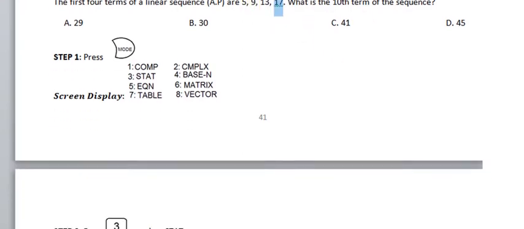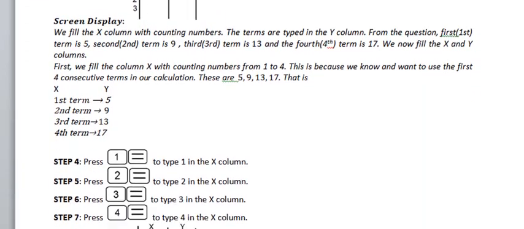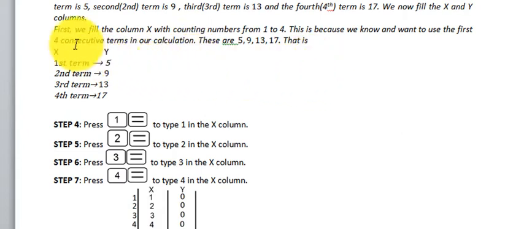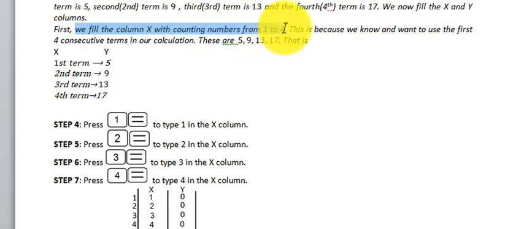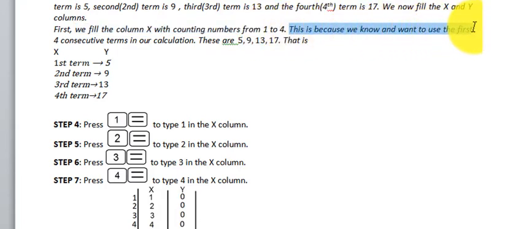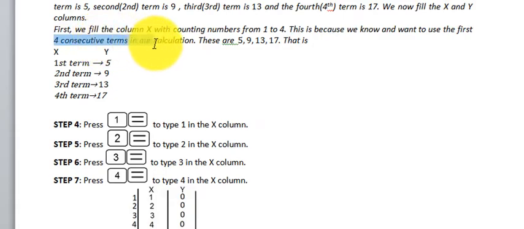Okay, let's go on to the next step. Now, what we have to realize is that we are going to first fill the column X with counting numbers from 1 to 4. We are doing this because we know 4 terms, and we want to use all of the 4 terms. That is because we know and want to use the first 4 consecutive terms in the calculation.